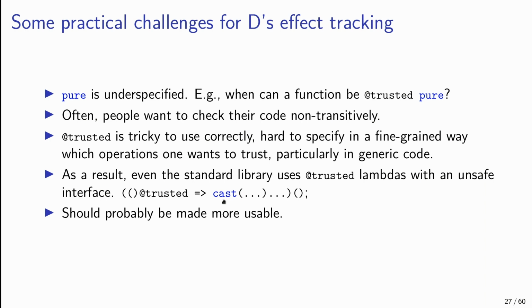In particular for trusted. Trusted is quite tricky to use correctly. So it is hard to specify in a fine-grained way which operations one wants to trust. And this is particularly an issue in generic code. So this means that even the standard library now uses trusted lambdas with an unsafe interface, like this kind of thing. This has much better ergonomics than what would be the intended use of trusted, but this is also a completely wrong way to use trusted because this lambda does not have a safe interface.